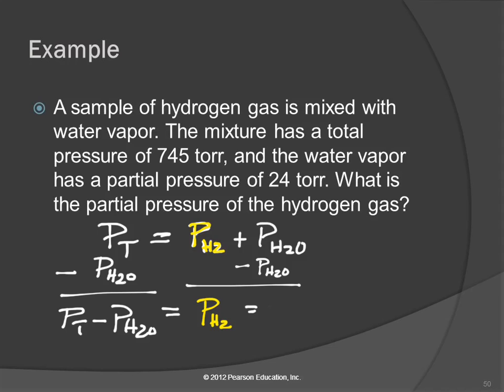So the pressure of the hydrogen gas equals the total pressure, which is 745 torr, minus the pressure of the water, which is 24 torr, that gives me 721 torr.